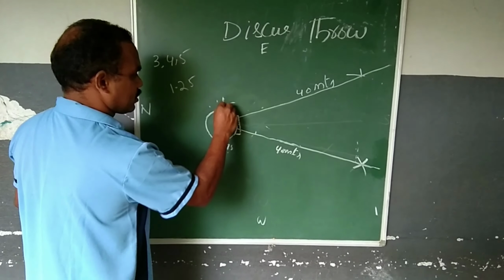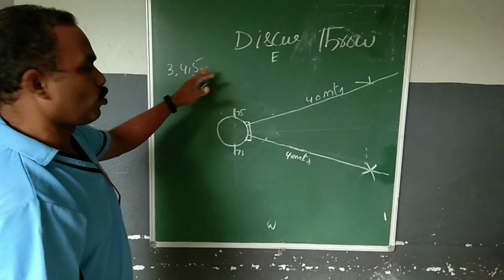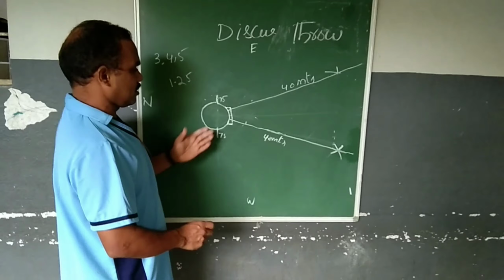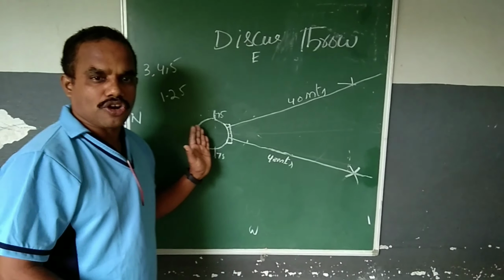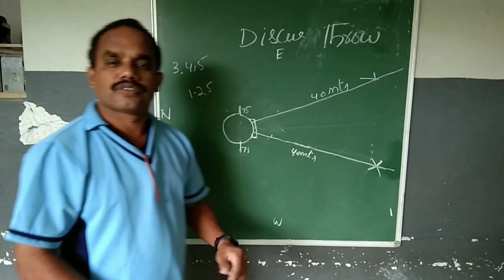It is a discus throw. This is also one of the easiest methods, the 3, 4, 5 method. This is one of the easiest ways to draw the discus throw and shot put sectors. Thank you everybody.